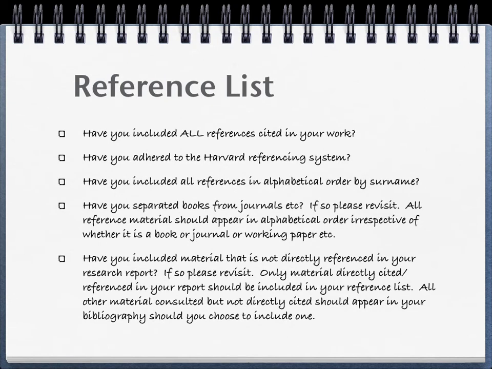The reference list is such an important part of your dissertation submission. Those of you who've heard me speak on this before will know that it tends to be the first place that I go as an examiner, because by looking at somebody's reference list, I can get a very quick sense, A, do they know what they're about in terms of formatting and referencing?